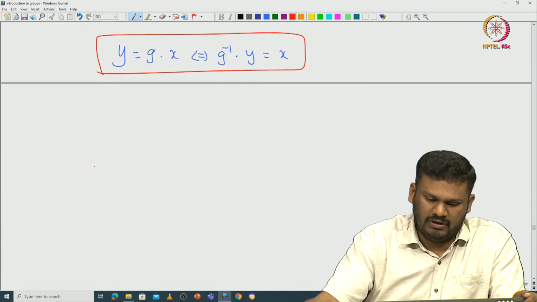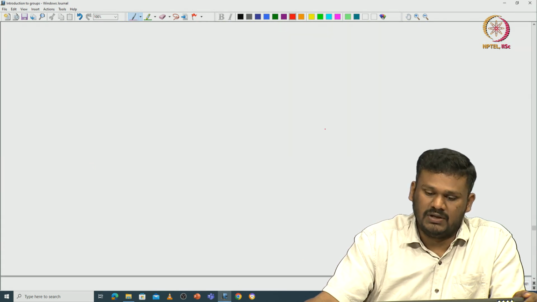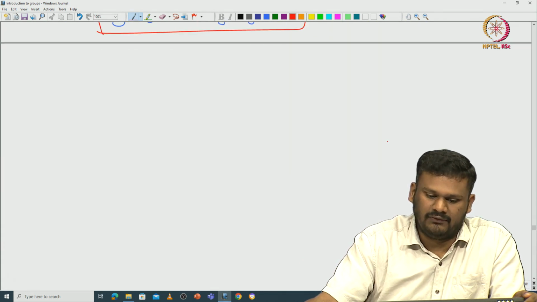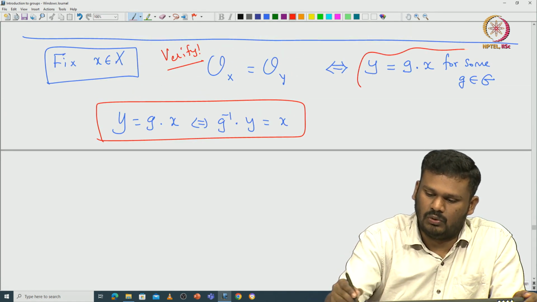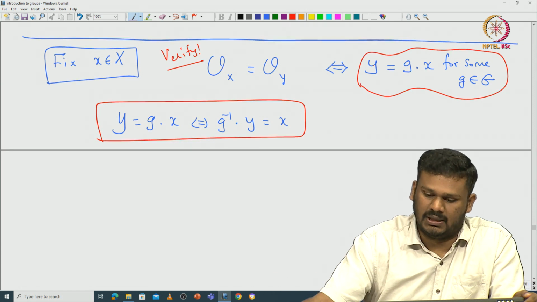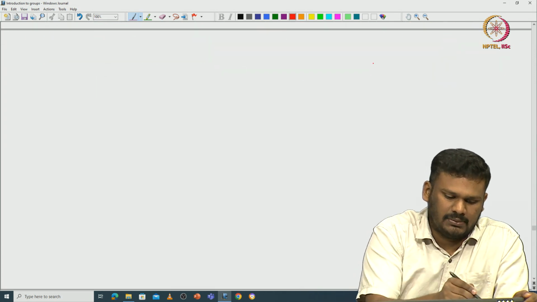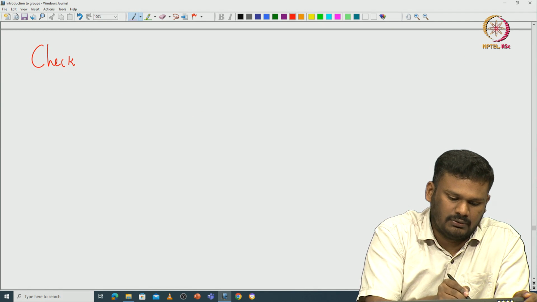So, we already introduced what is called an equivalence relation. If we think about it, this definition gives us an equivalence relation on capital X. This is something I will leave it to you to check.